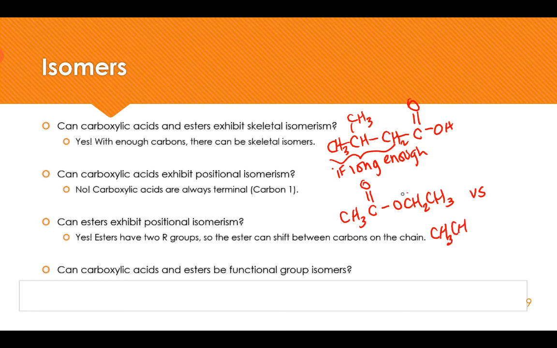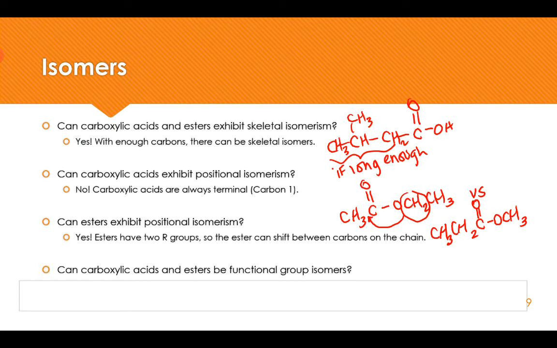So if I take this and shift it over to there, then it would look like these two molecules are positional isomers. The position of that ester group appears to have shifted over by 1 carbon. So that's positional isomers.